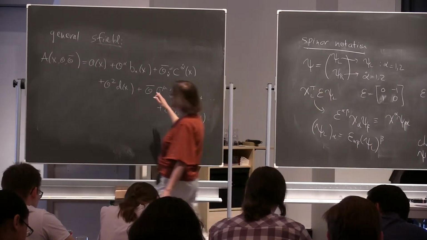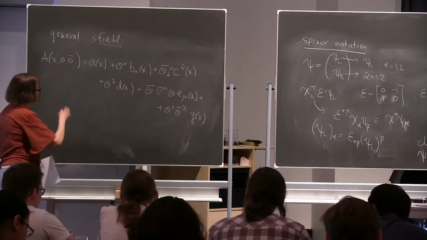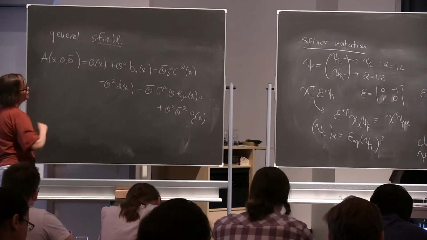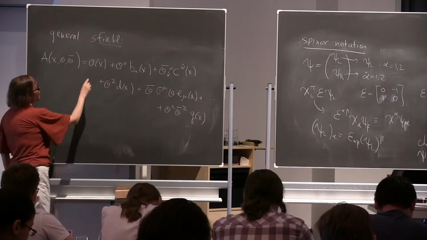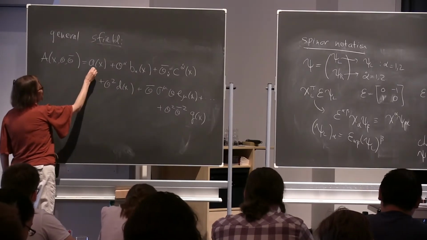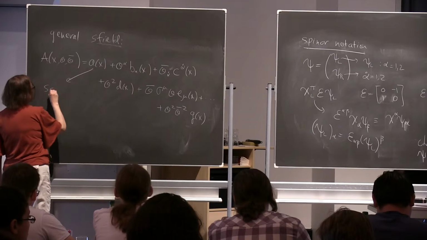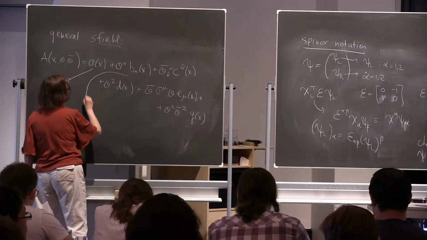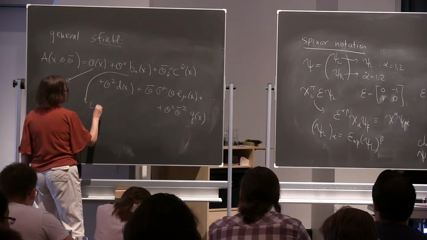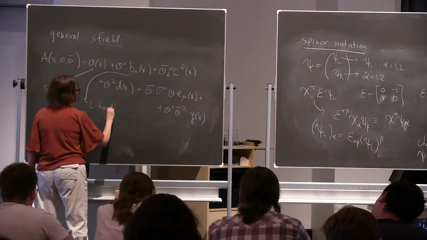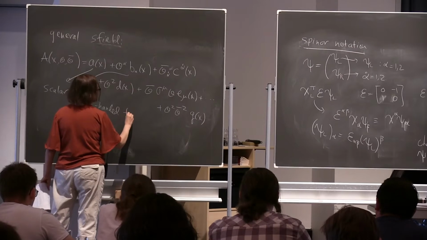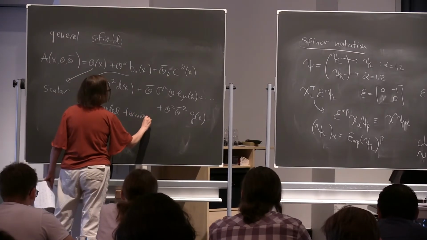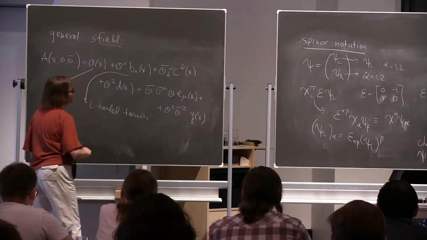So you see that you get exactly what you expect. We just Taylor expanded this in theta, and we get something that carries no Lorentz index. So this is a scalar from the Lorentz point of view. This guy is a left-handed fermion. This guy is a right-handed fermion.